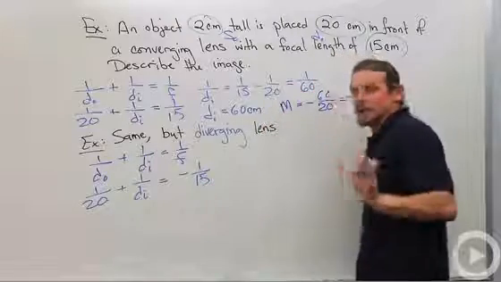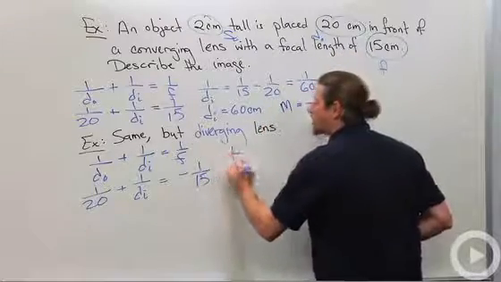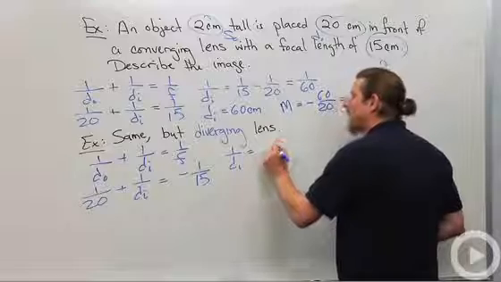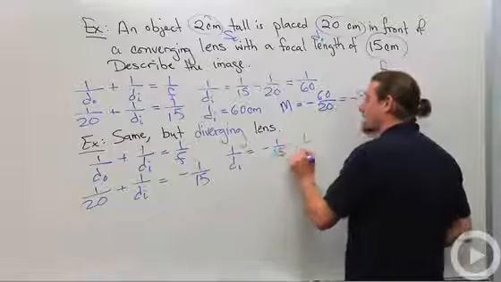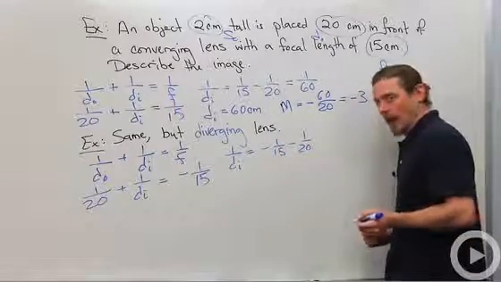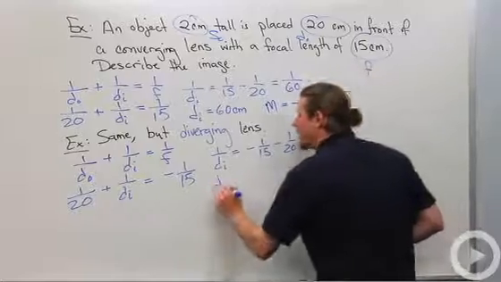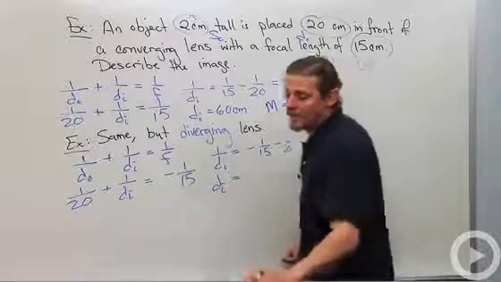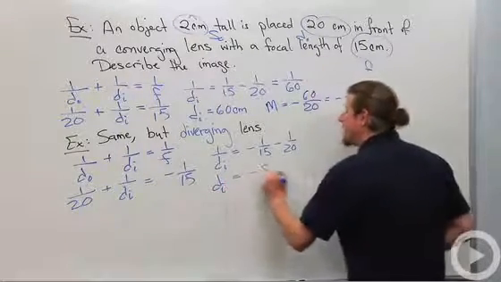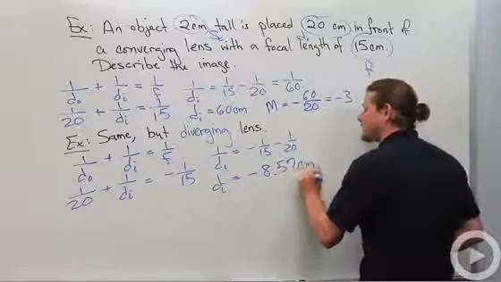And that changes everything, because now it's 1 over DI equals negative 1 over 15 minus 1 over 20. All right? So that, if you type it in your calculator, you'll find that DI is negative 8.57 centimeters.